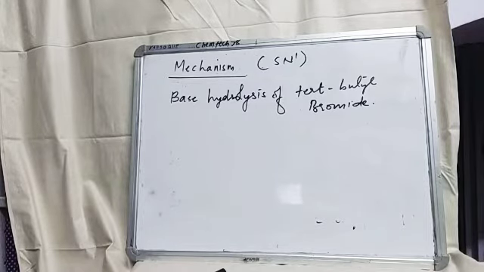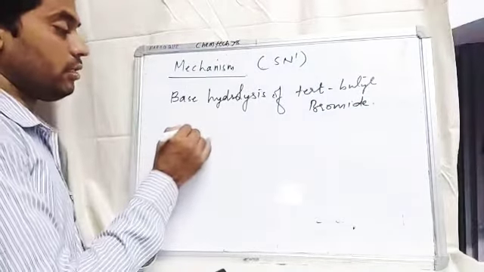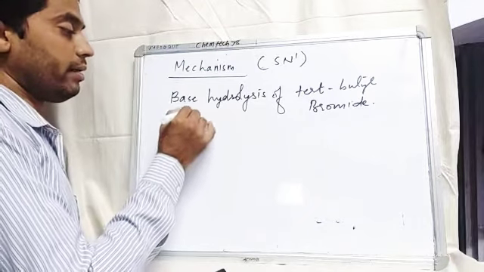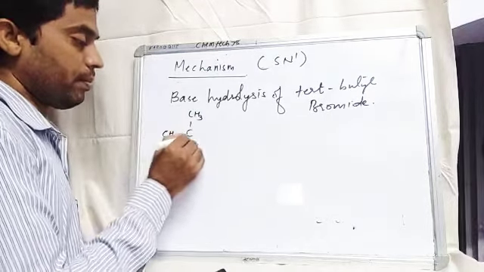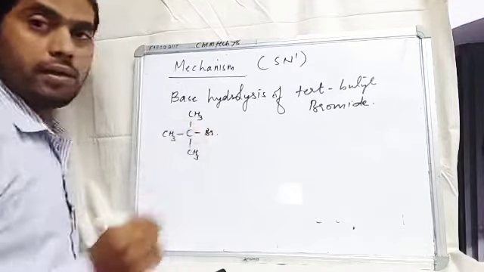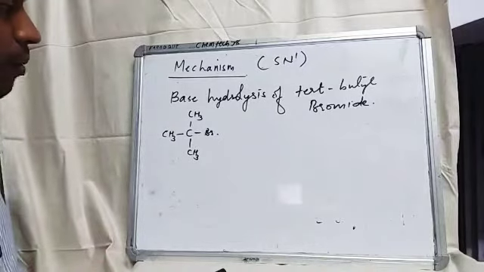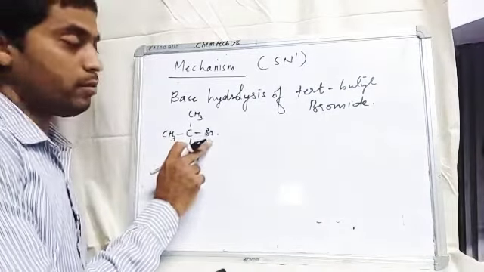Now we'll see the example, what is actually going on. This is tertiary butyl bromide, this is the structural formula. This is the tertiary carbon and this is bromine.